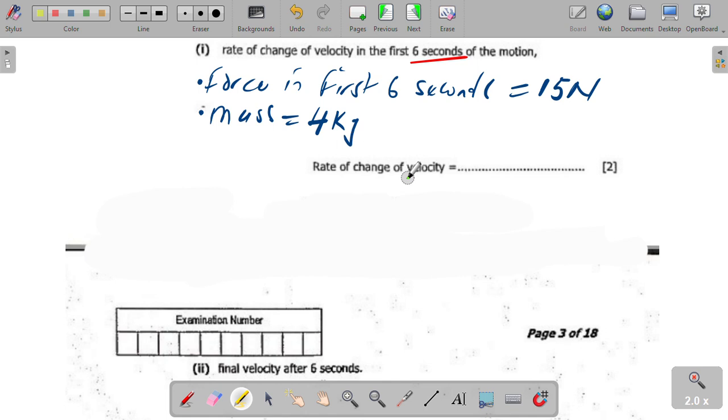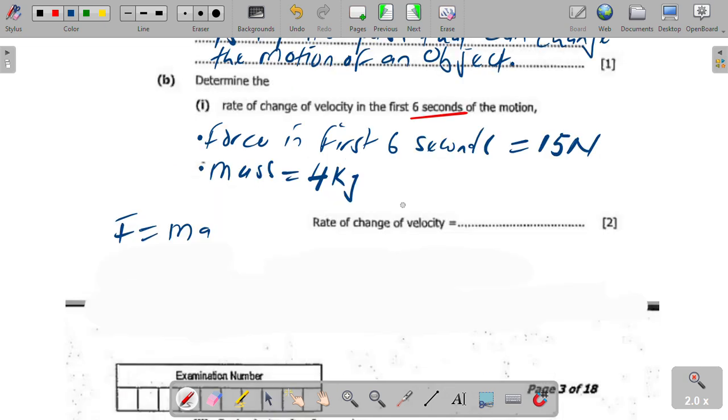Okay, so let's calculate the rate of change. This is the formula we are using, and then we change the subject of the formula. The rate of change of velocity is acceleration. Don't be lost.